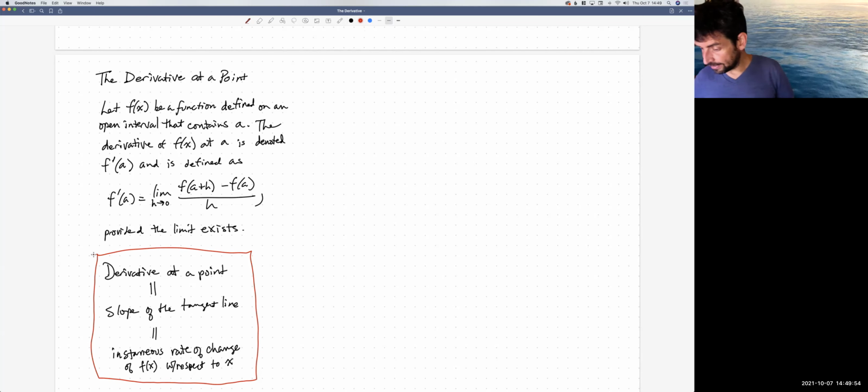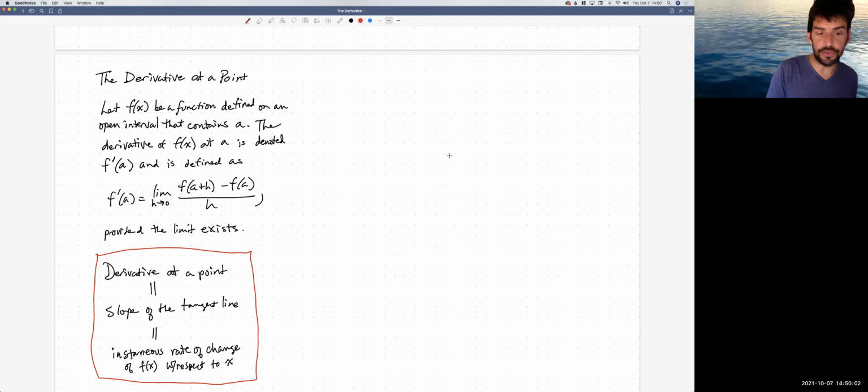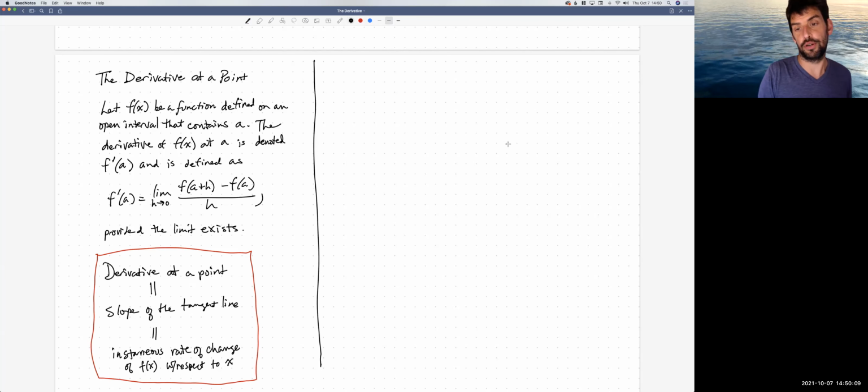Okay, one last thing I will do right now. I just want to present an alternative notation. It's only slightly different, but it is out there, and so I just want you to see that it's equivalent. So I'm just going to do exactly what we did before. To begin this video, we have a function, f of x.